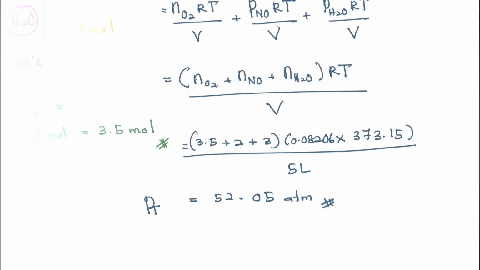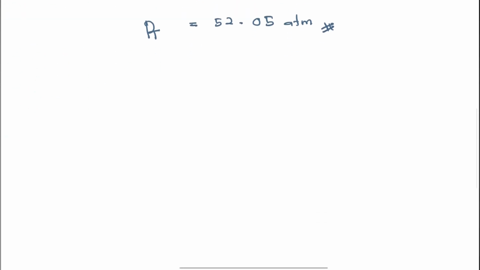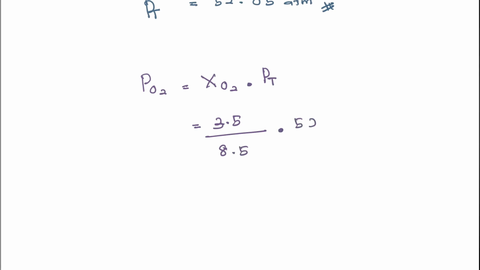So let's say I want to use the mole fraction. For the oxygen, P oxygen is, for example, mole fraction oxygen times P total. The mole fraction of oxygen is 3.5 mole over the total number of mole, which is 8.5, times 52.05 atm.